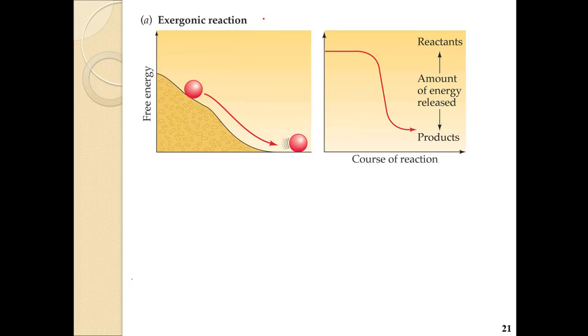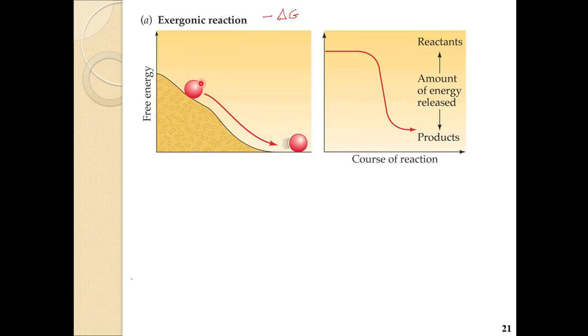So this would involve a negative delta G. There's a release of energy. These reactions, exergonic reactions, are typically spontaneous. And a spontaneous reaction is a reaction that favors the formation of products at the conditions under which the reaction is occurring.